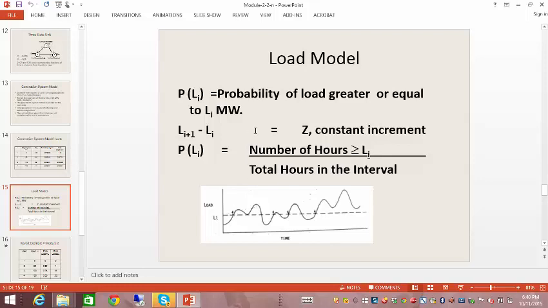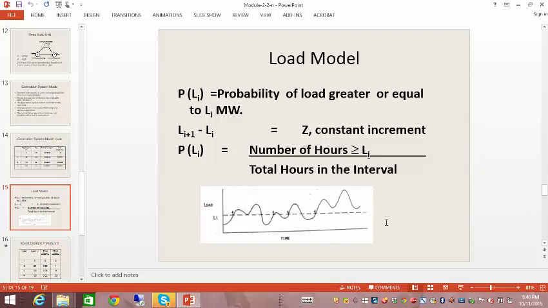Typically, the load model is developed in discrete increments. So the difference between one load level and the next load level is a constant increment. So you are trying to discretize the load into fixed increments, and the increments can be made as small as you want to develop an accurate load model.